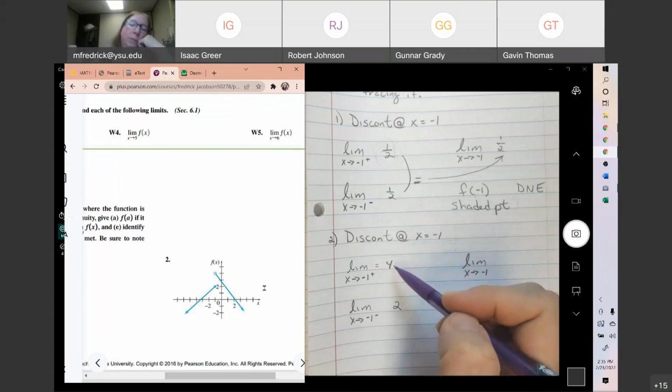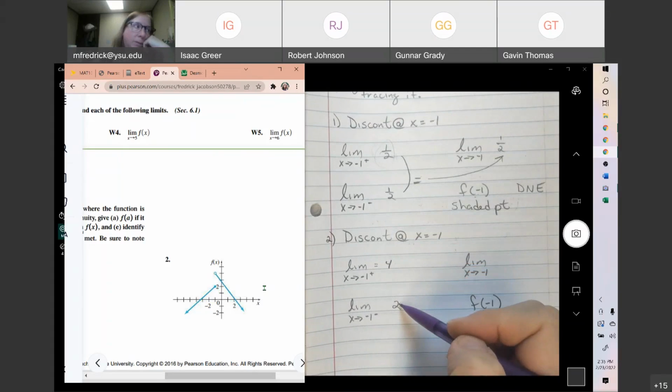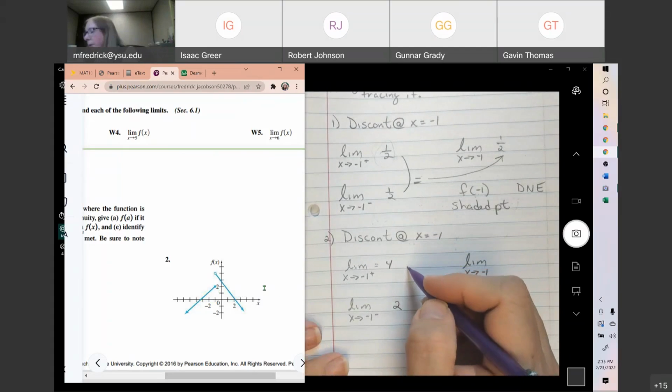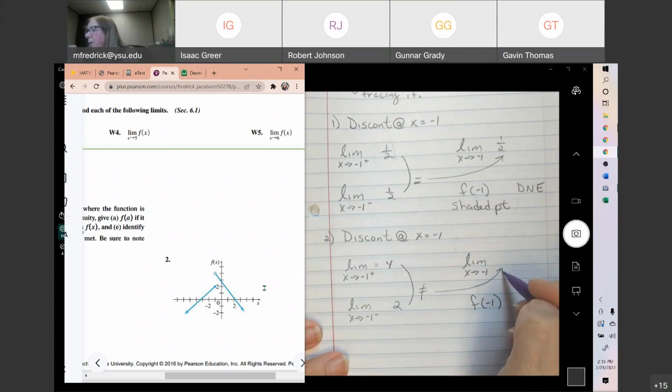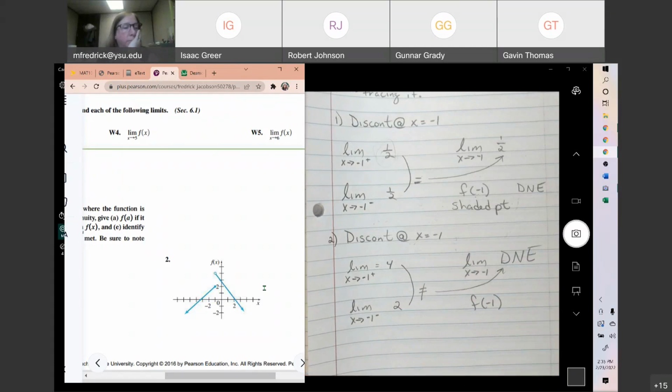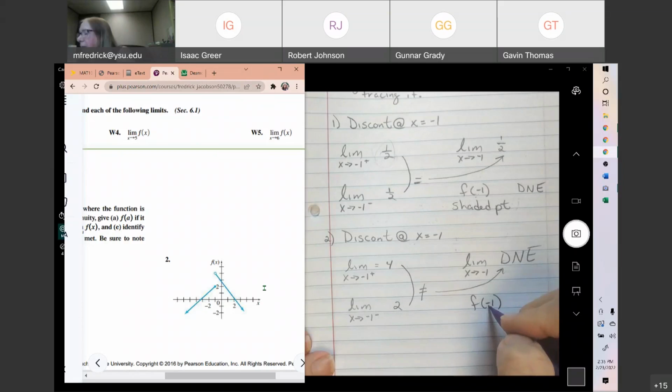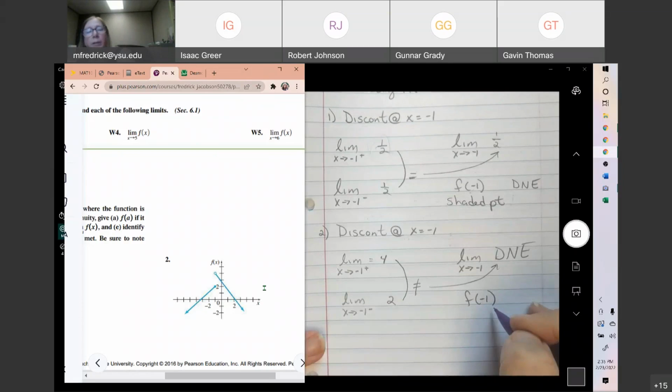Any questions on the 4 and the 2? These two are not equal, so this one does not exist. Then f of -1, that's your shaded in point. If we look at the point where x is -1, what's the y value?